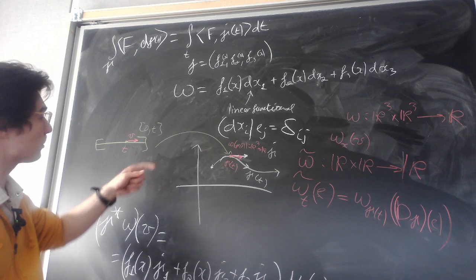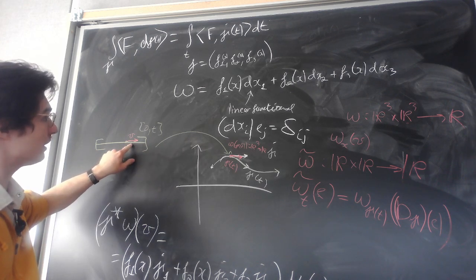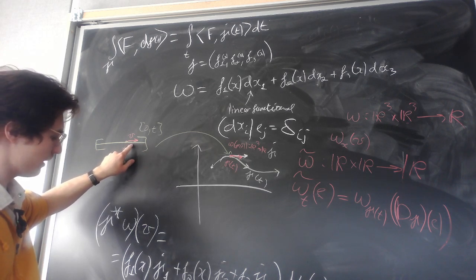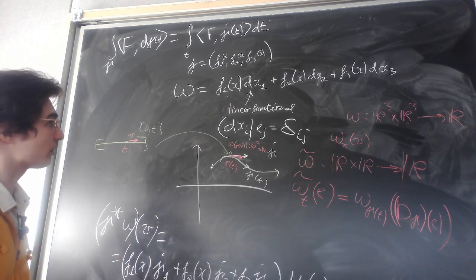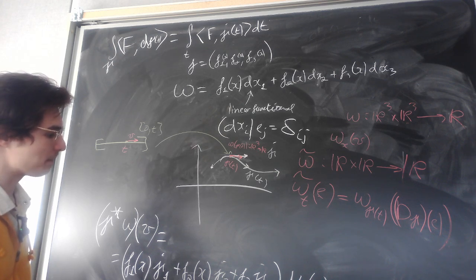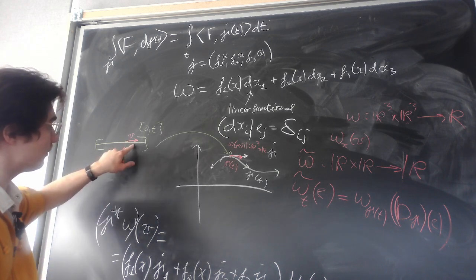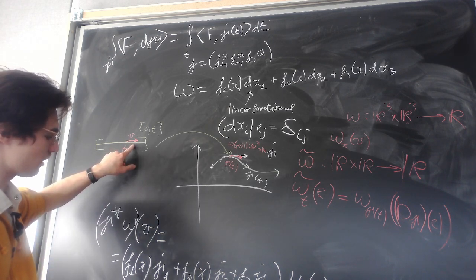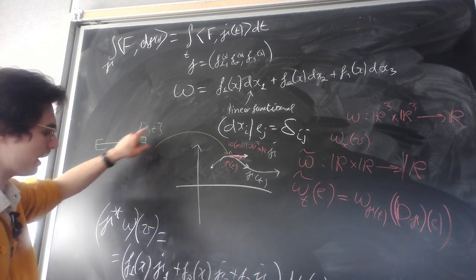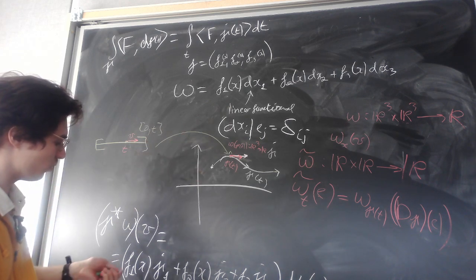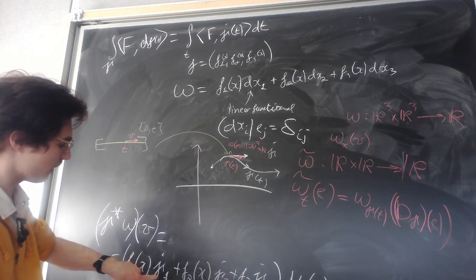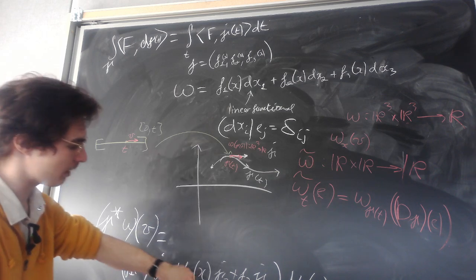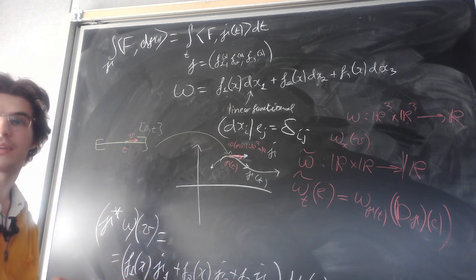All I did was say: if I have a vector v here that's tangent this way, it will get mapped in the following way. This vector v is going to be stretched, mapped by the Jacobian to gamma 1 dot, gamma 2 dot, gamma 3 dot applied to v.